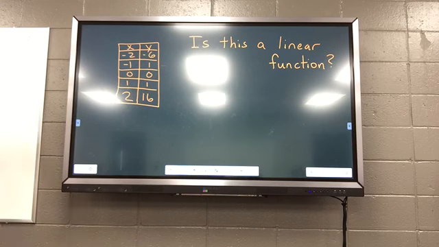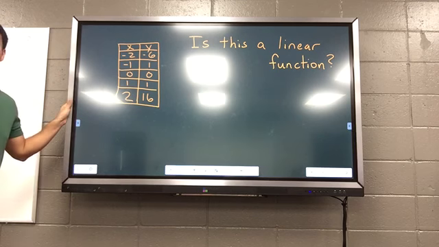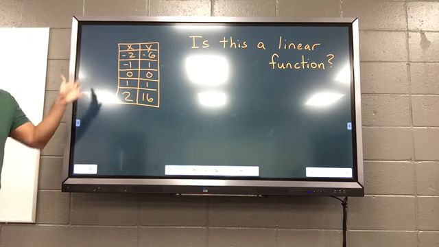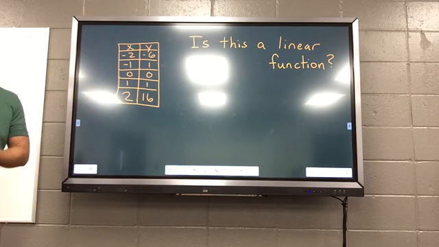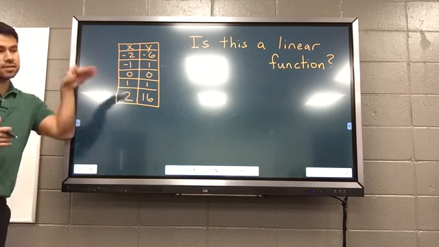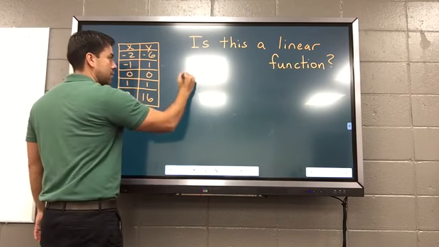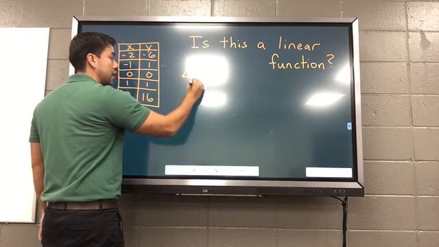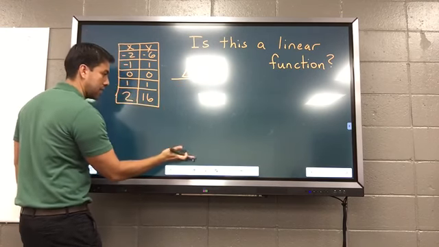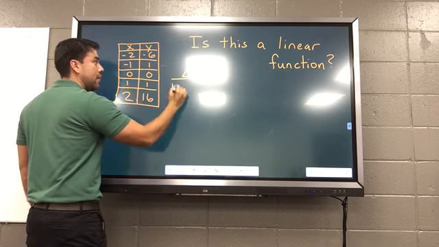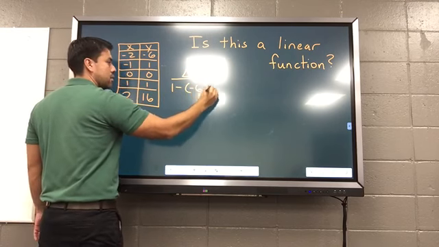Would we do the y first? You could do the y first and then the x, or you could do the x first. Since it's y sub 2 minus y sub 1, is it easier to do the y first? I like dealing with y first, and it's 1 minus -6. So here, I'm going to show two columns, the change in y, and I'm going to work it out. So you said 1 minus -6? What is that?